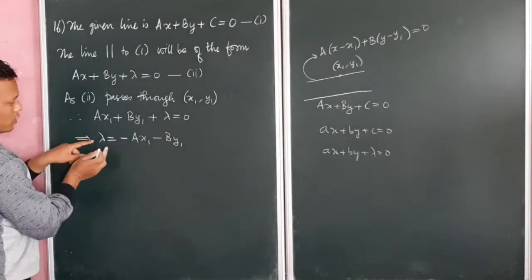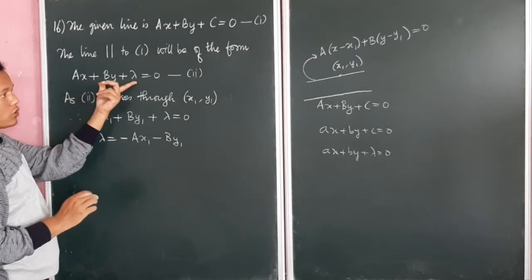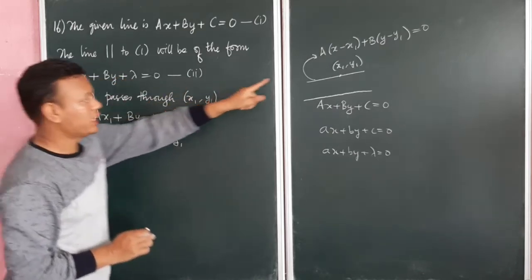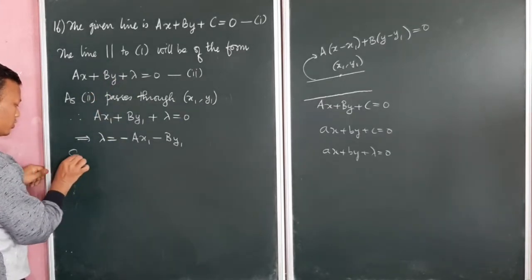So substituting the value of lambda, we will get the equation of the line, isn't it? Because the equation of this line is this much, and from here we have to remove lambda.